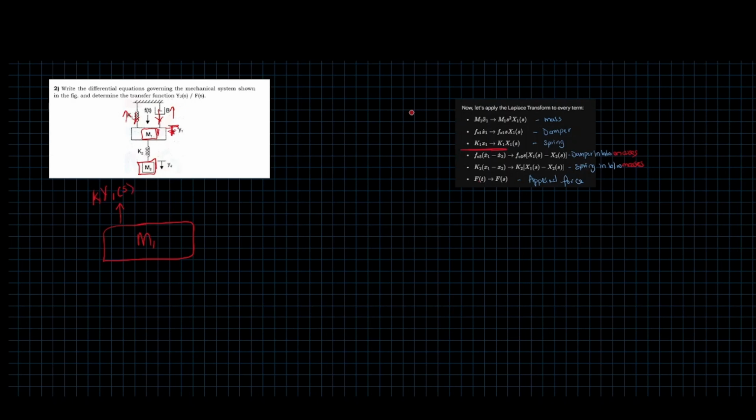Now, the second opposing force is the damper, of course. So it's going to be B S Y(S). You can see this is for a damper. If this is B, it's going to be B S X1(S), so it's opposing force one. Then the next thing we have is the applied force going this direction, so it should be F(S).